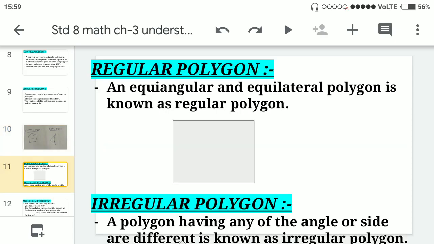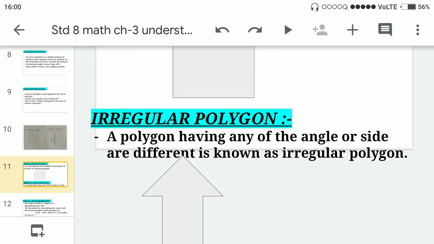Now move to regular and irregular polygon. So regular polygon means what? An equiangular and equilateral polygon is known as a regular polygon. Equiangular means what? Equi means equal. So having equal angles and equal side lengths, they are known as a regular polygon. In this case, both sides as well as angles must be equal.